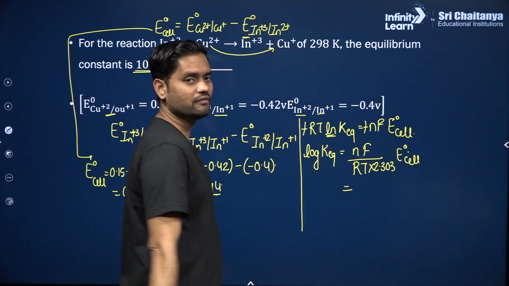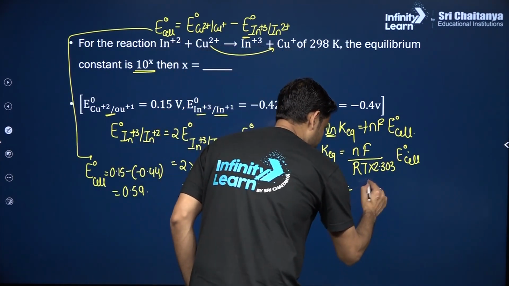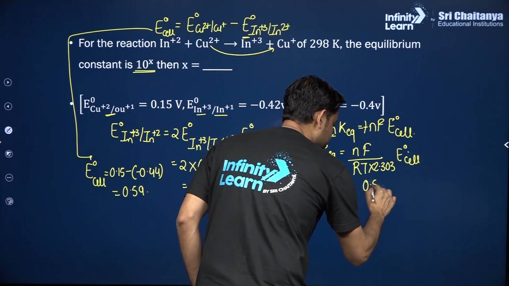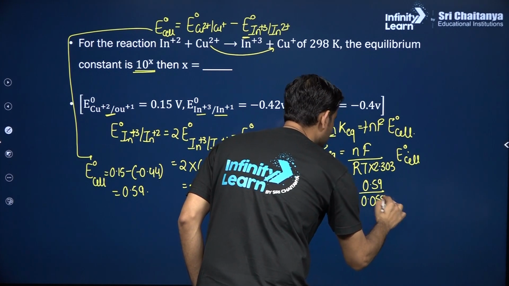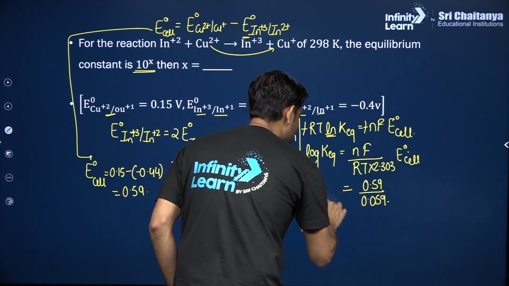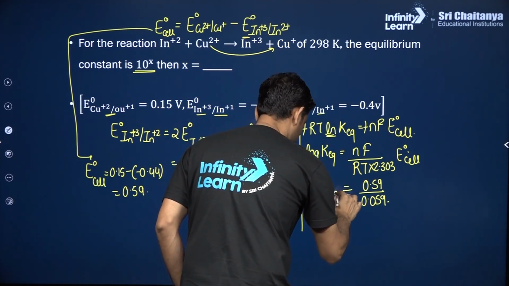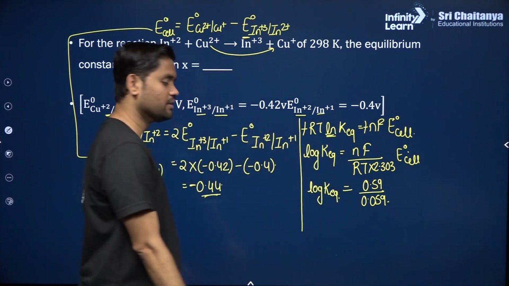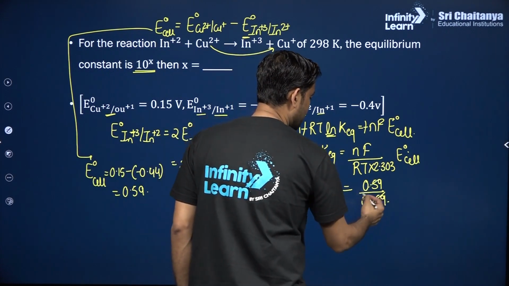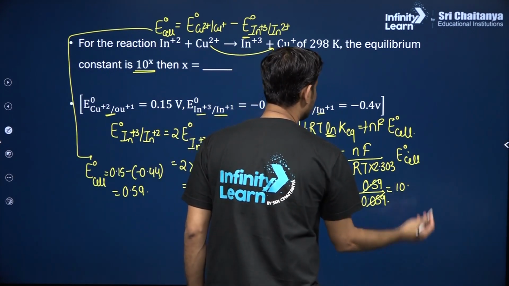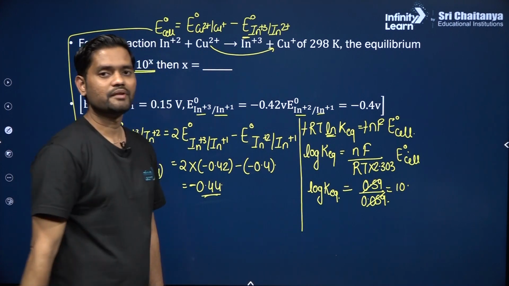After substituting all the values, you will get the final equation as, okay, clear, sure, that is approximately equal to 10.